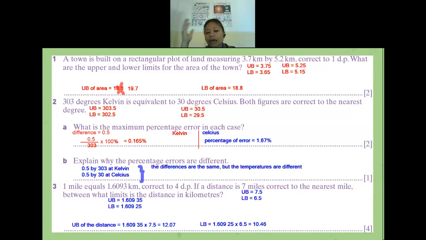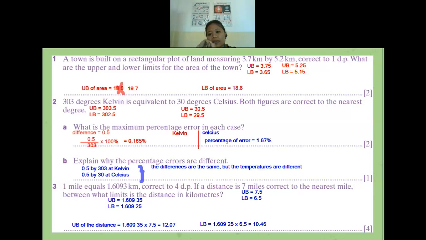If your number is maybe 303 and I find 0.166% of it, it will not satisfy this case. That's why it says maximum, because that is the maximum one that I can round off to become 303. If any number that I get, I round off to the nearest whole number, it will still be 303. That's why it is called maximum, not minimum.